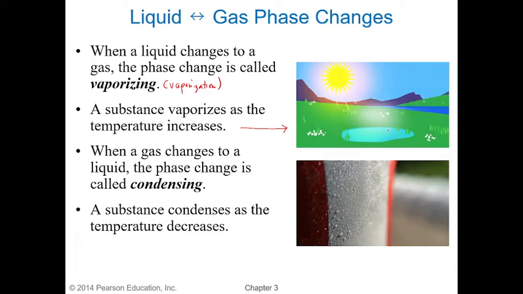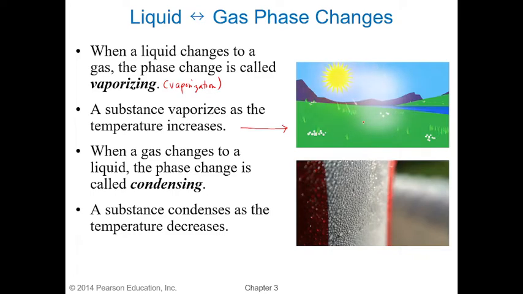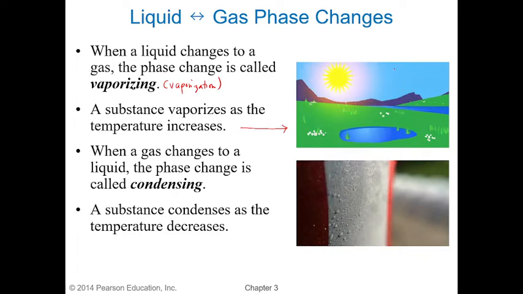For example, if there's a puddle or a pond, then the sun will heat that portion. As you can see, it slowly evaporates. So from liquid, it becomes gaseous. That process is called vaporization. This vaporization is the one you also encounter in your water cycle. So that is one process in the water cycle.